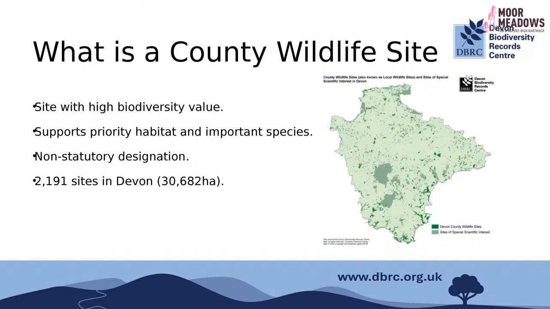So currently there are over 2,000 sites in Devon alone, and that's approximately 5% of the county. So yeah, quite a lot of sites, but this is continually being added to year on year. And that entire network is managed and run by Devon Biodiversity Records Centre.